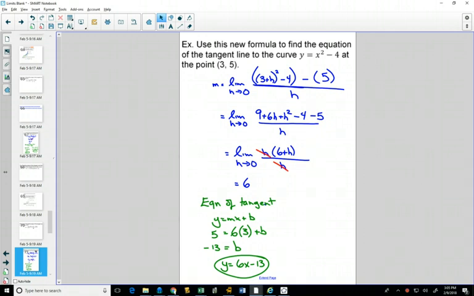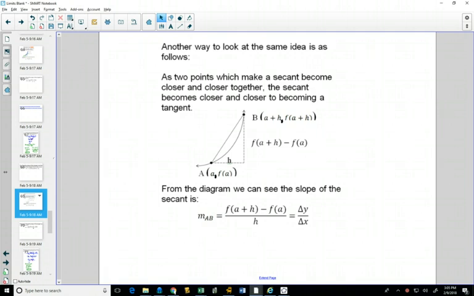So in this example, what I'm going to do is go back to the diagram. I'm going to pretend that this point here is the point where I want to find my tangent. It's at 3, 5.